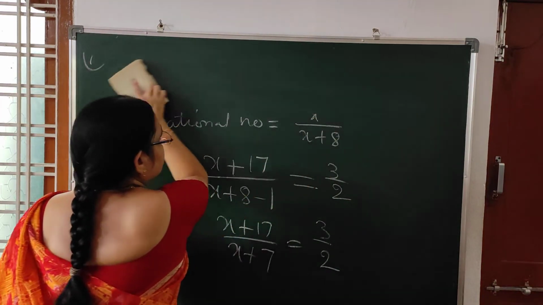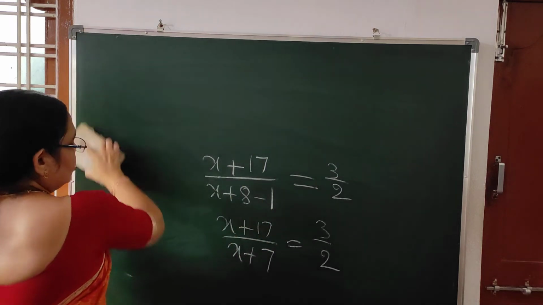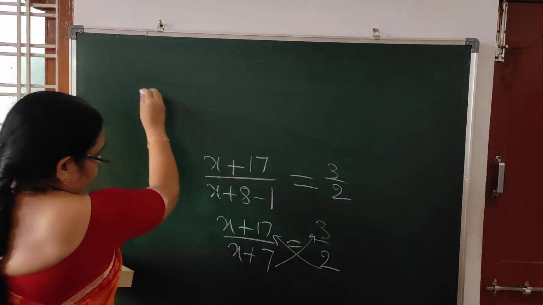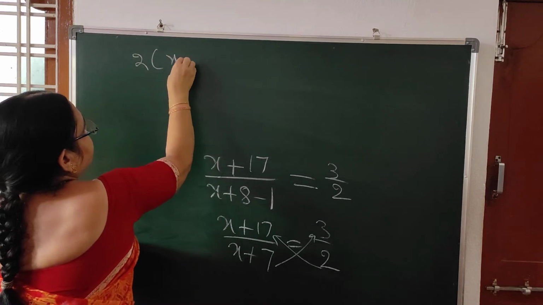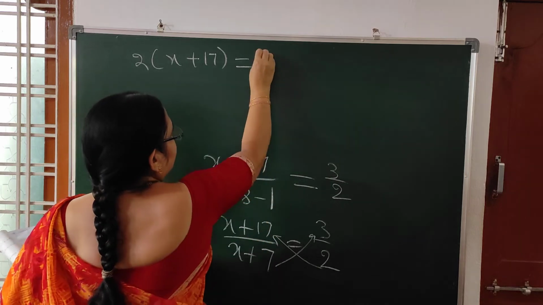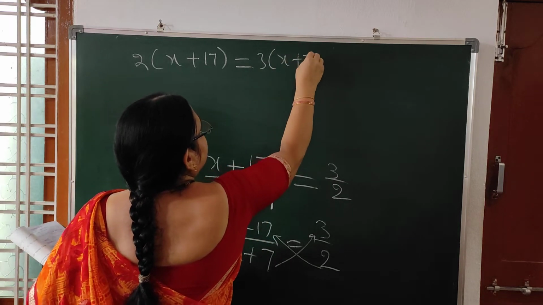Now how to solve this equation? Cross multiplication. 2 into (x plus 17) is equal to 3 into (x plus 7).